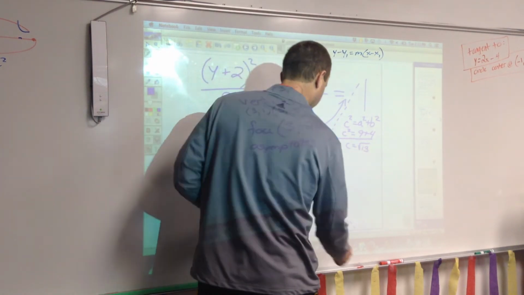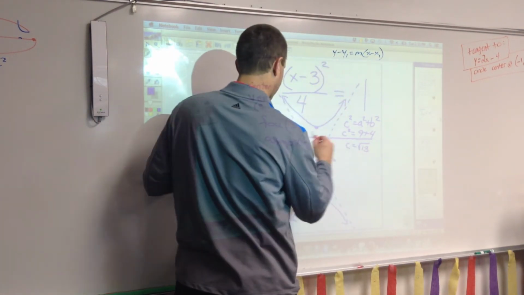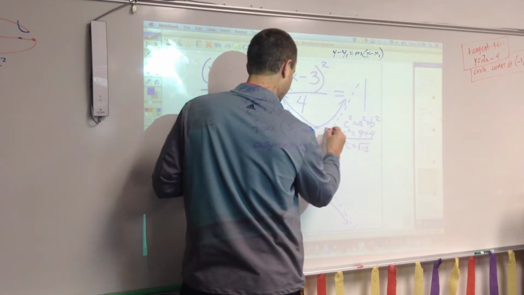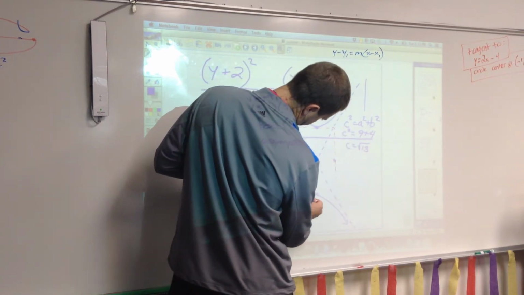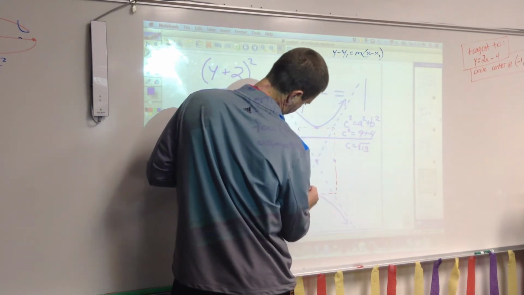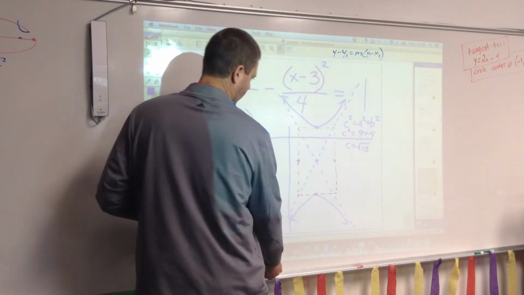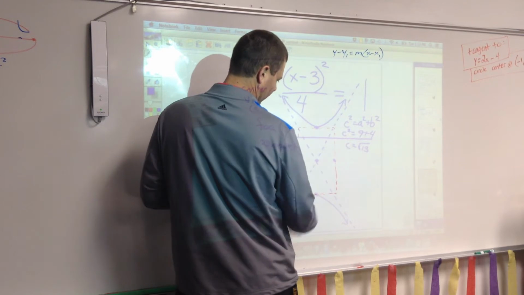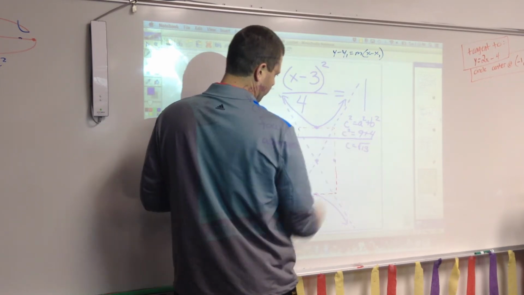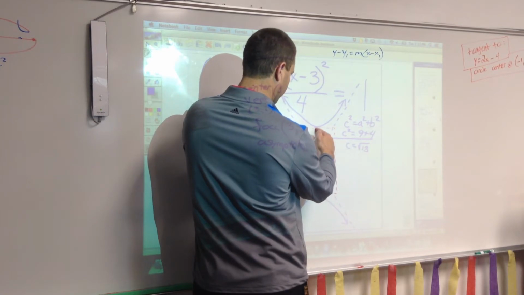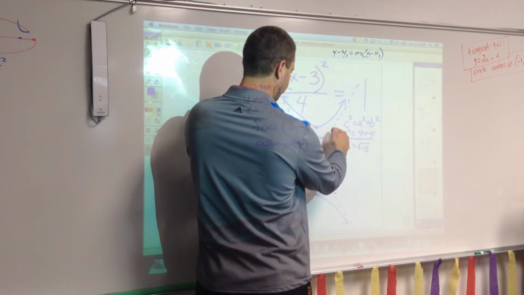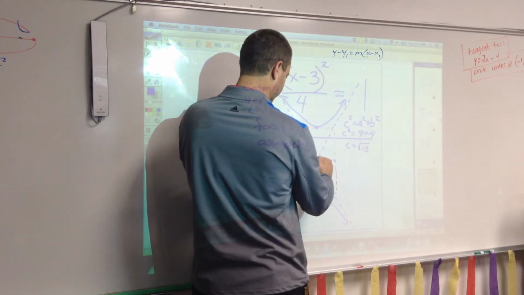And if you remember when we had our rectangle up here, we made sure the asymptotes hit the center and the corners, right? So I can count rise 1, 2, 3, run 2, or from here, rise 3, run 2.